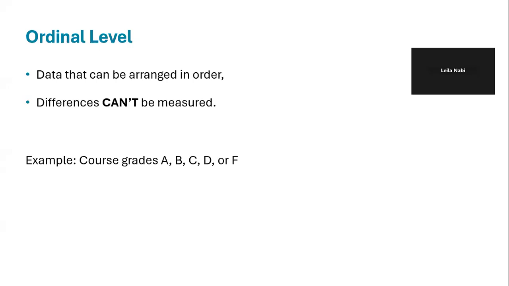For example, you're collecting data about course grades: A, B, C, D, or F. They are not numbers, but you can still put them in order. So they might look nominal, but since you can put them in order, they are ordinal.